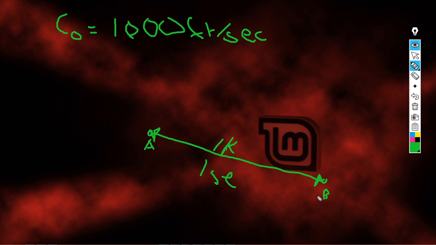Now, if either point A or B changes, then that time changes. For our calculations, every foot shortened shortens the travel time by 1 millisecond, 1,000th of a second. So if we shorten this distance to 500 feet, then it takes half a second.